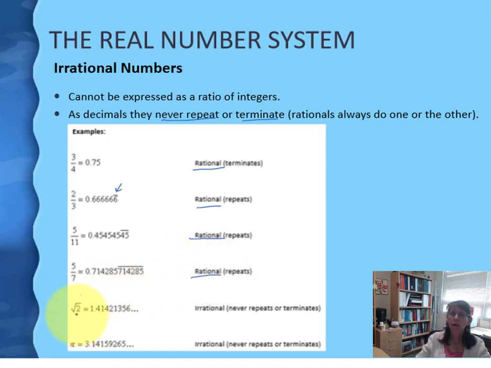Now we have the square root of 2. It is not written as a fraction, it's written as a radical term. Here you would need to use the function key on your calculator for square root. Depending on your calculator, you might have to enter 2 first and then press the square root function, or some calculators require you to enter the square root function first and then press 2.